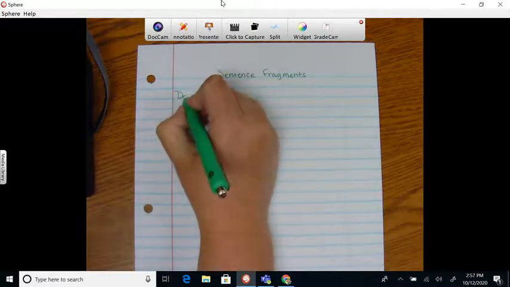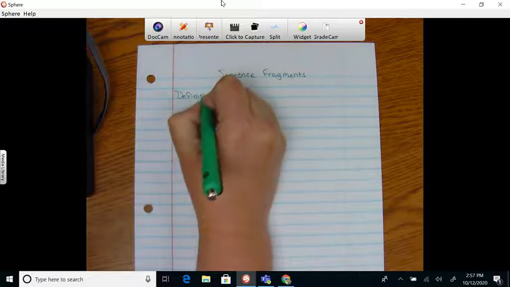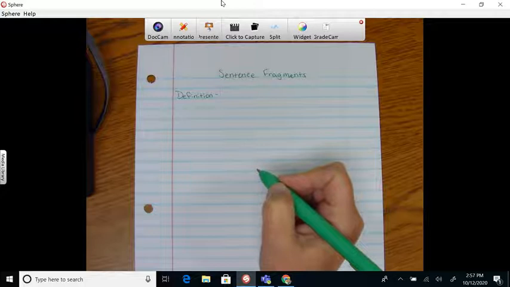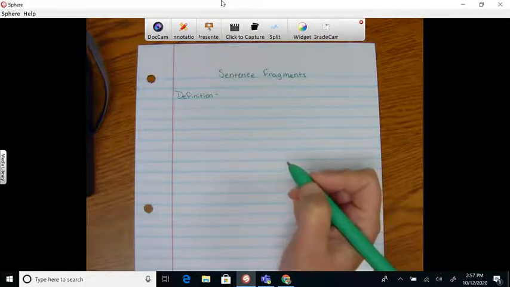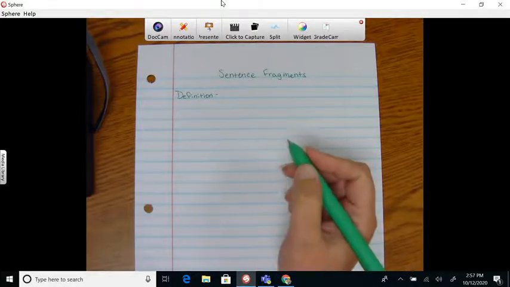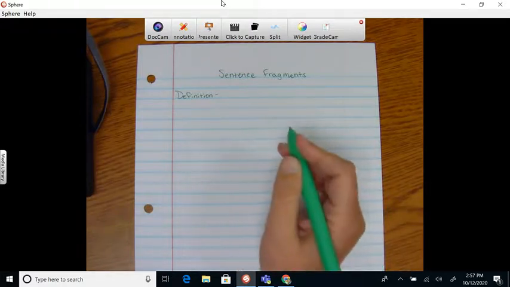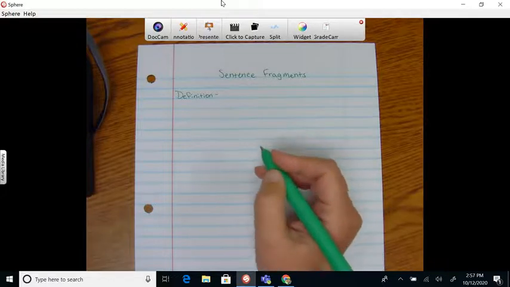And so, just in a definition, it's just a group of words that look like they're a sentence, but they're not. They're missing the subject or the verb. They're missing an element, so it's not a complete thought.